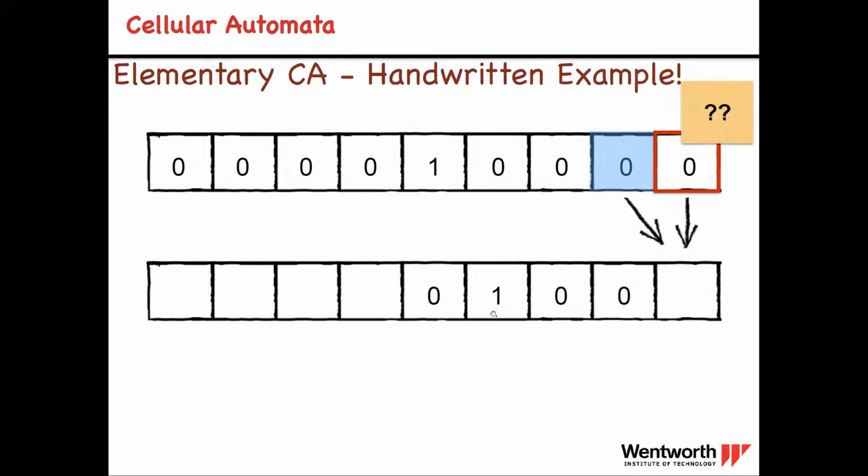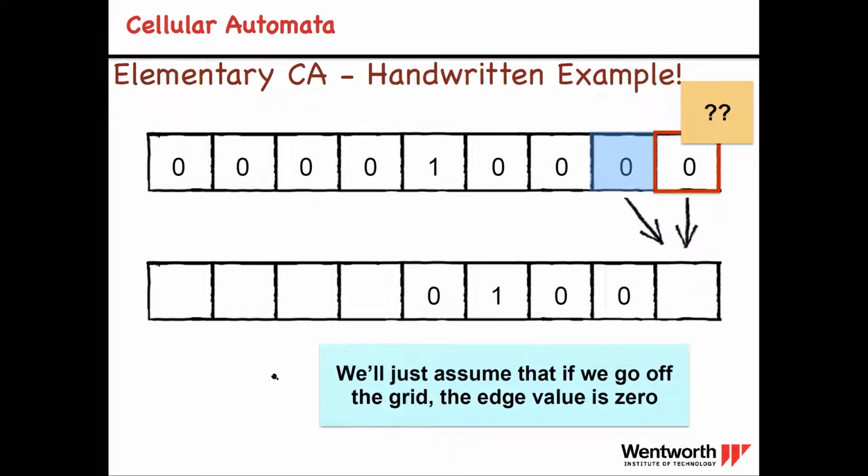What about the edge? There's a few options here. It depends on what you want to do for your simulation. I'm just going to make the assumption that if we go off the edge, then this edge neighbor value is just a 0.